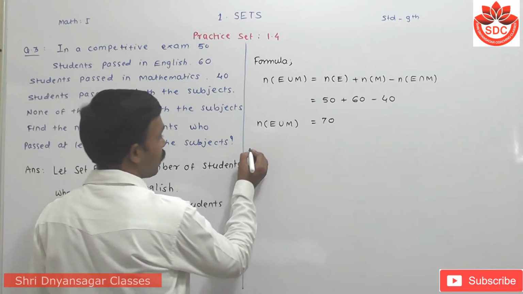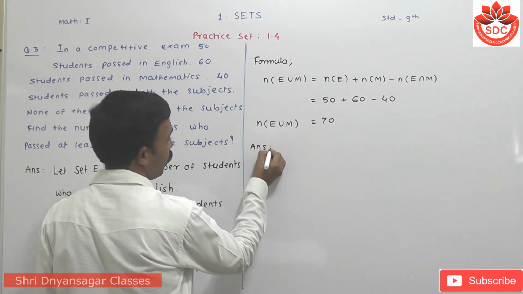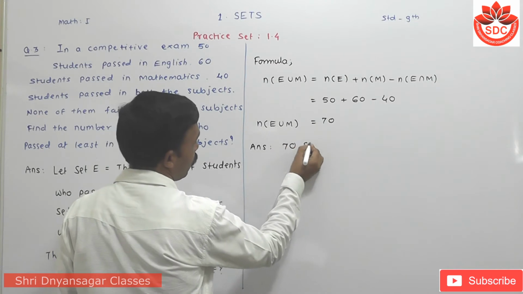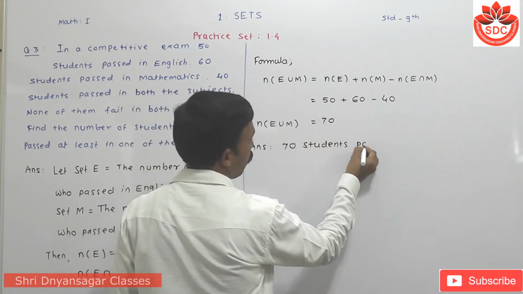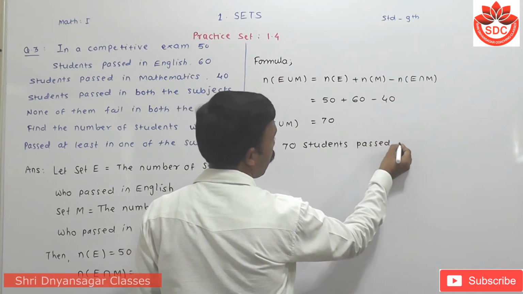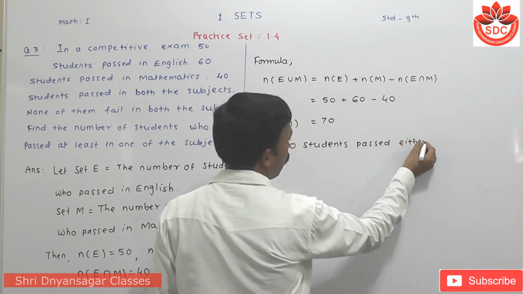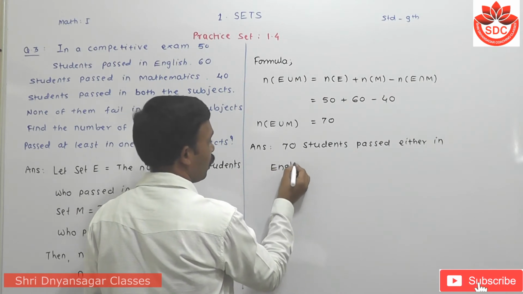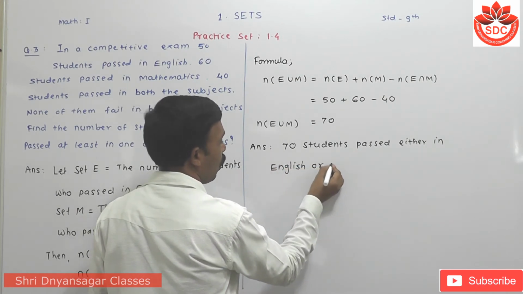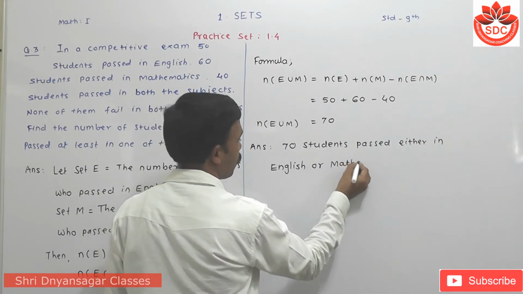So the answer, in a full sentence: 70 students pass either in English or mathematics.